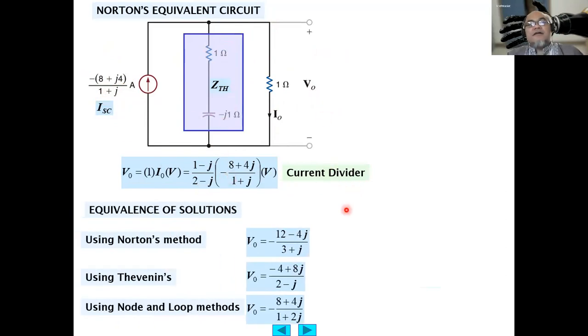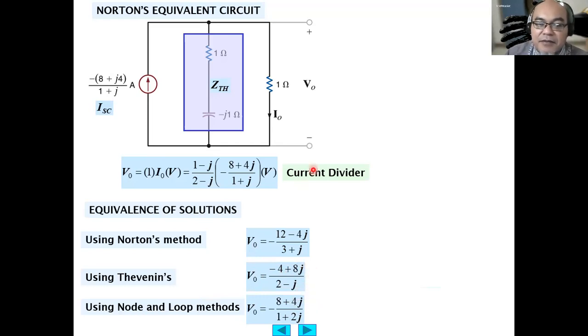Okay, so the solution obtained using node and loop methods in the earlier slides is minus 8 plus 4j divided by 1 plus 2j. Using Thevenin's, it is minus 4 plus 8j divided by 2 minus j. This is equivalent.